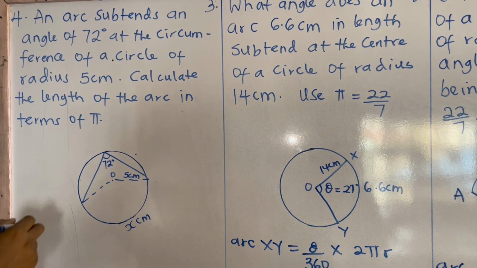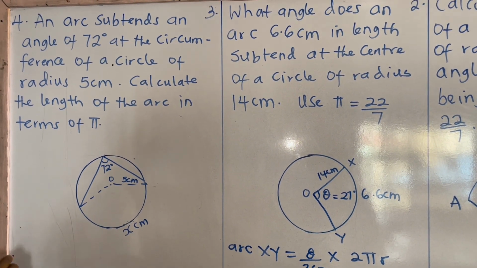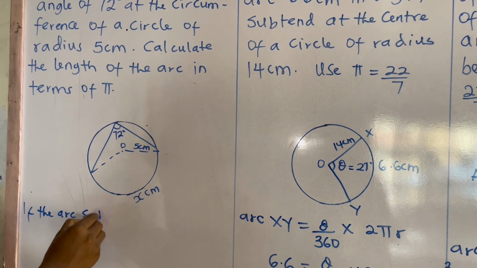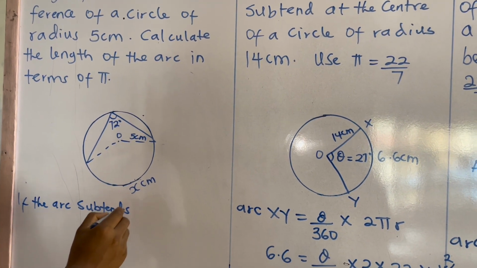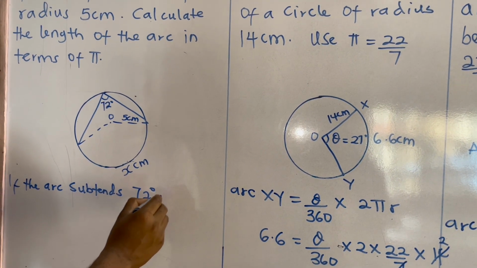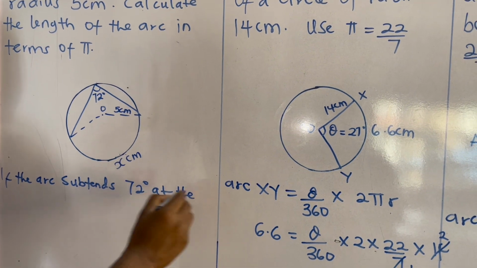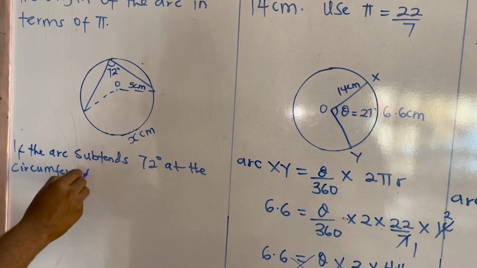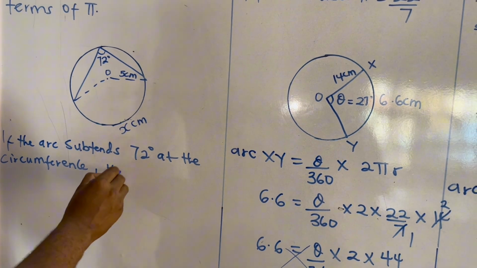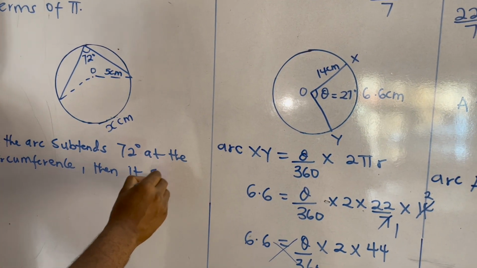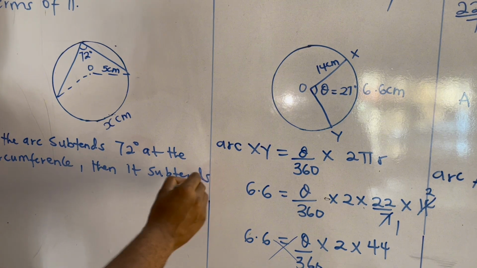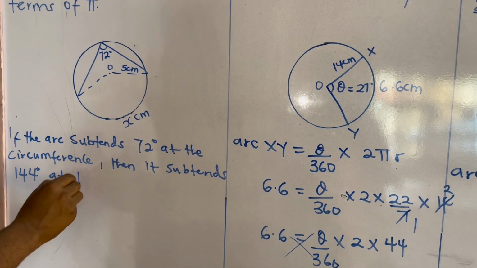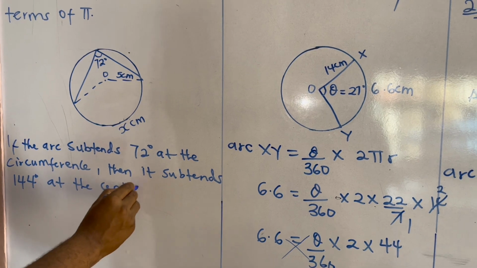If the arc subtends 72 degrees at the circumference, then it also subtends 144 degrees at the center.